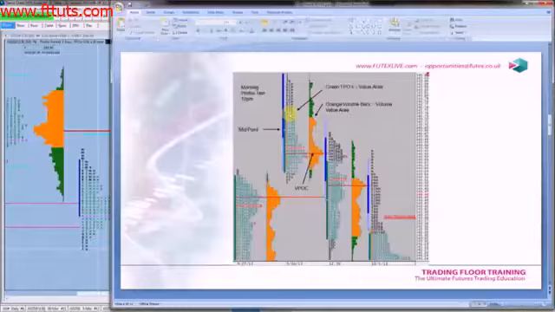It gets to a point where buyers perceive the value to be too low and will step in and buy. It will get to a point where sellers think that the price is too high and they will step in and sell.